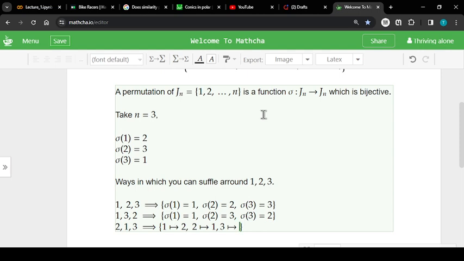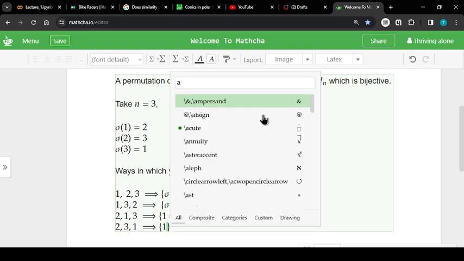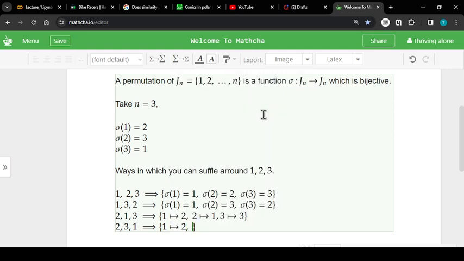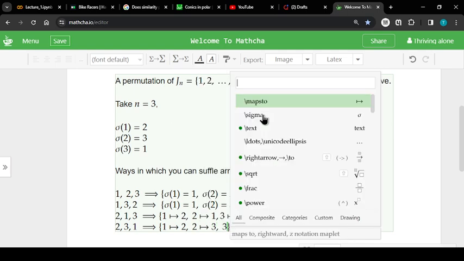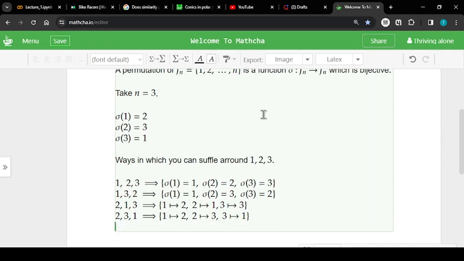The third position is given to 3 only, so 3 is a fixed point of our permutation. Next we have 2, 3, 1. What does that do? It maps 1 to 2, because the first position is given to 2, the second position is given to 3, and the third position is given to 1 again.